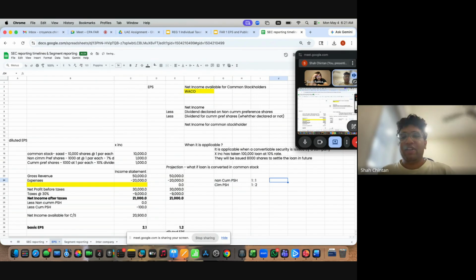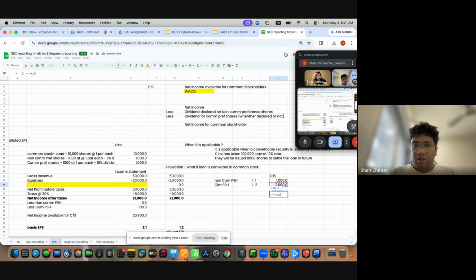So what we are saying, if you have 1,000 shares of a non-cumulative preference, you will get one common stock each. So 1,000 common stock will be increased because of this particular item. And if you have one cumulative preference share, you get two common stocks. So 1,000 preference shares, you get 2,000 common stocks. So your total equity is getting increased by 3,000 common stock.